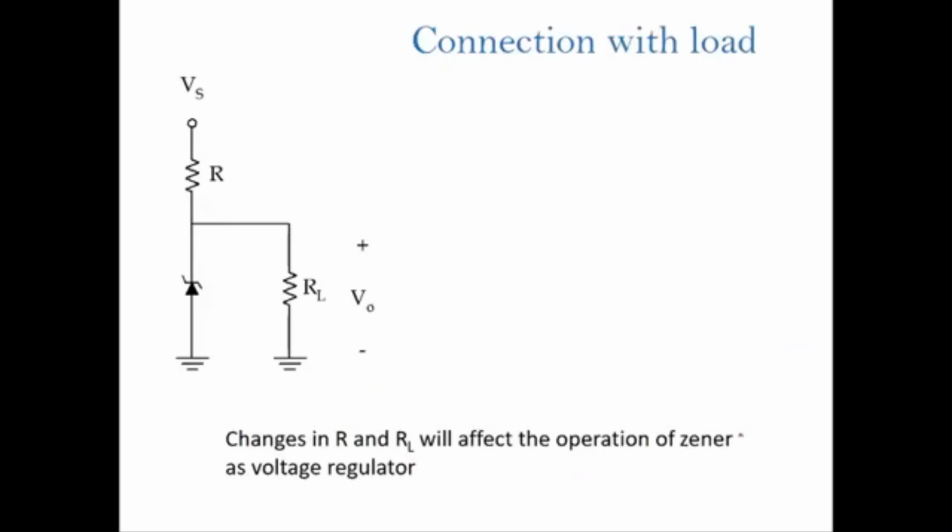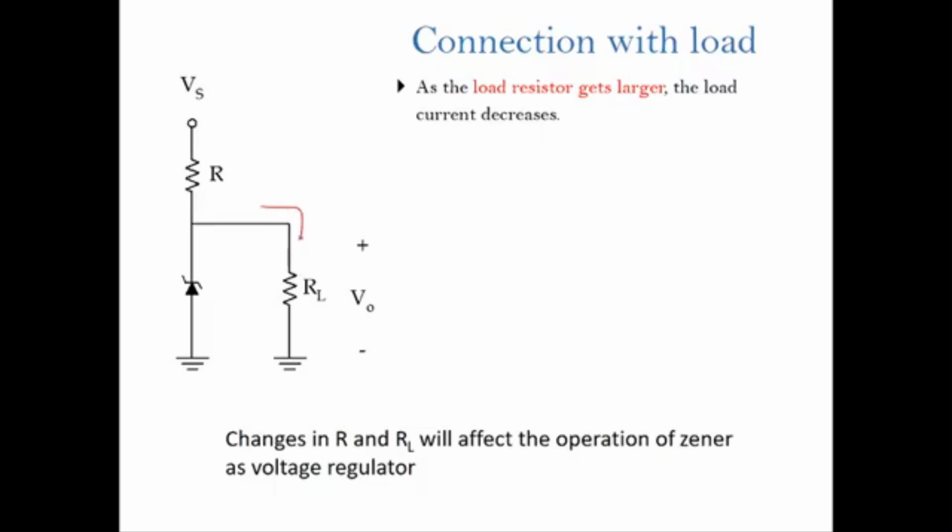Okay, so now at the V out we connect the load, RL. So the V out is not an open circuit, so V out is across the load. As the load resistor gets larger, what will happen to the V out? Now the V out is the voltage across the RL.